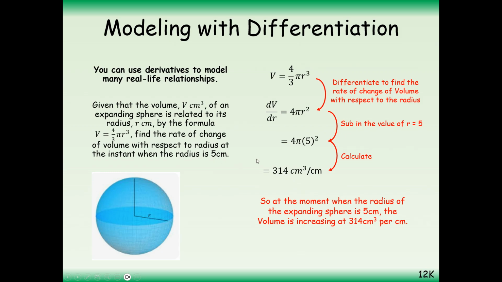We have centimeter cubed divided by centimeter, because the powers come down from r cubed to r squared. So my answer wasn't wrong, it's just that 100 pi is this number, 100 times 3.14. So write a little sentence that the sphere is expanding at this rate, in centimeters cubed per centimeter increase in radius.